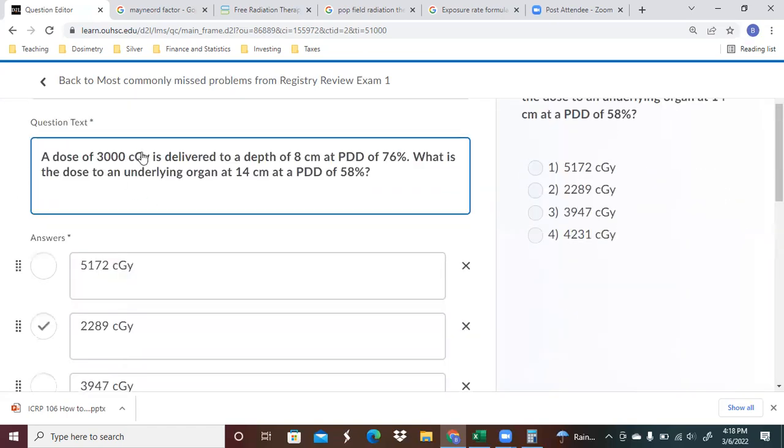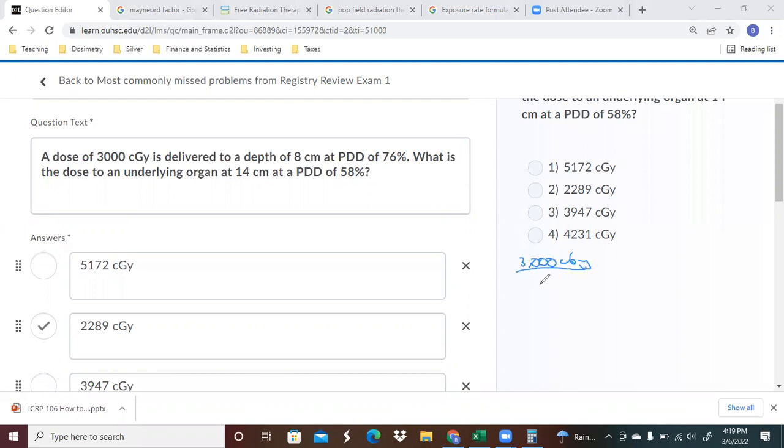Okay. So since we have 3000 that's being delivered to a depth of 8 cm at a PDD of 76, we know that at this particular point the dose here of 3000 centigray divided by 0.76 is going to end up equaling the dose at D max. Why is that important?